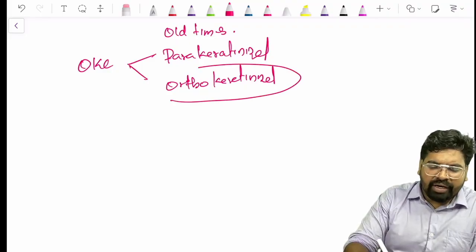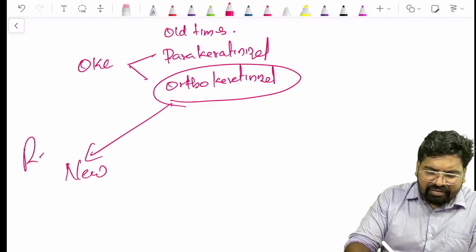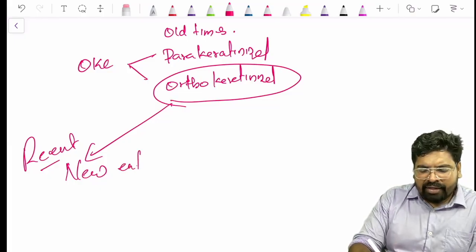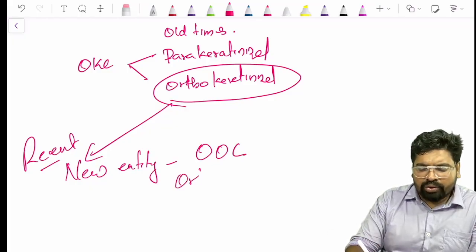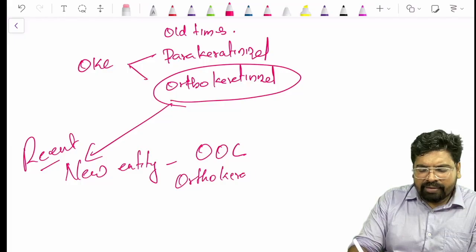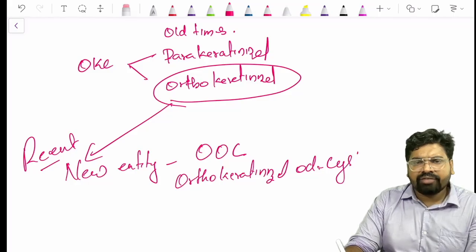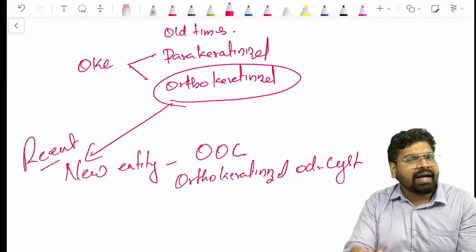Now this is a new entity. The recent classification has considered it as a new entity, that is OOC. It is a different one, that is orthokeratinized odontogenic cyst. Now, orthokeratinized odontogenic cyst has an orthokeratinized lining, while OKC has a para-keratinized lining.